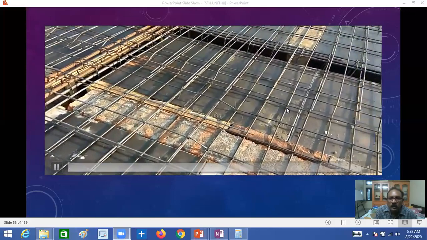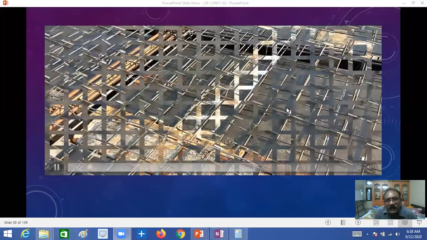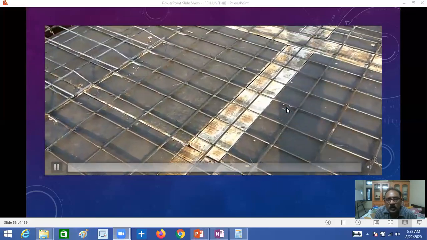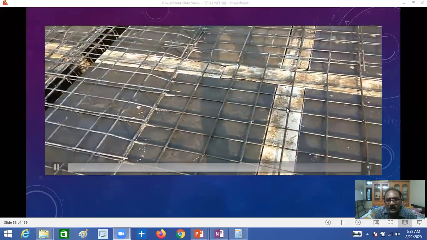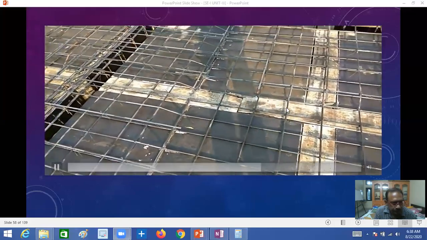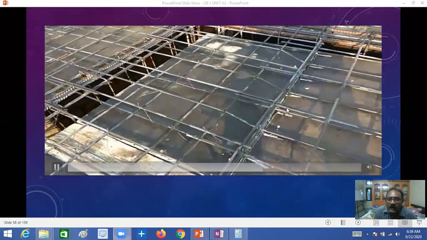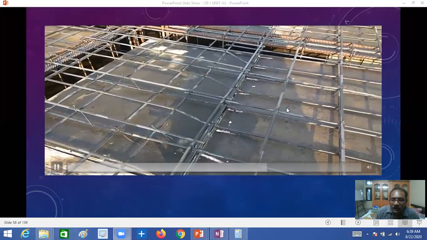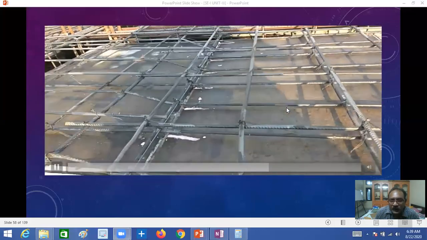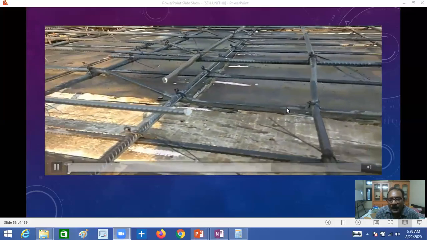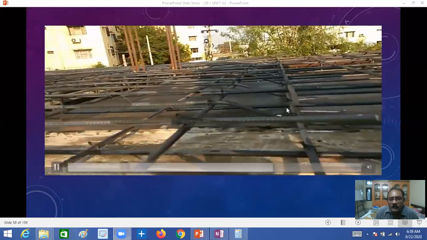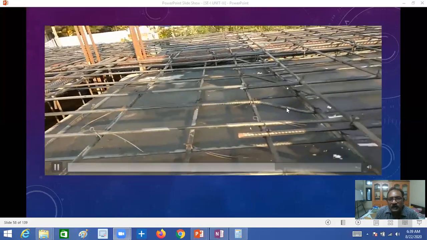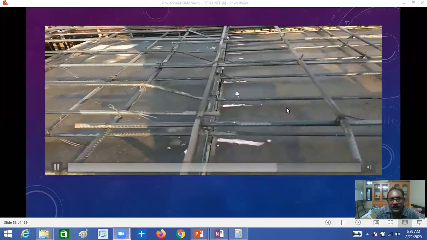So you will understand practically in a better way what the two-way slab and one-way slab are, and how the reinforcement is provided. In the shorter span, first we will provide main reinforcement, and above that we will provide secondary reinforcement in the longer span direction.